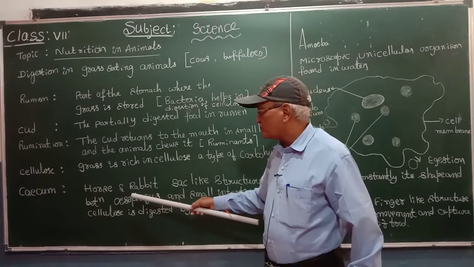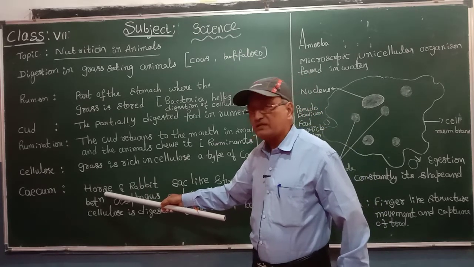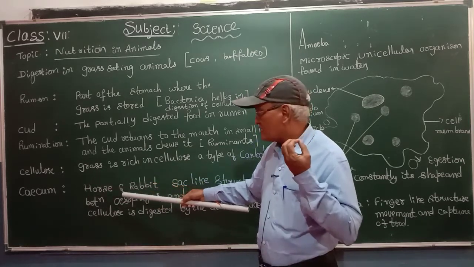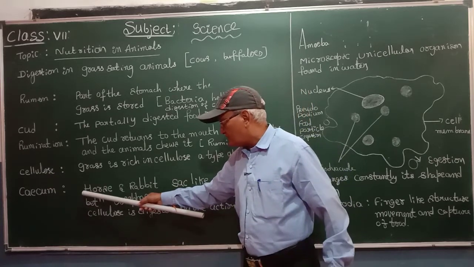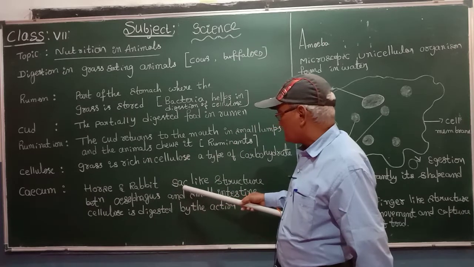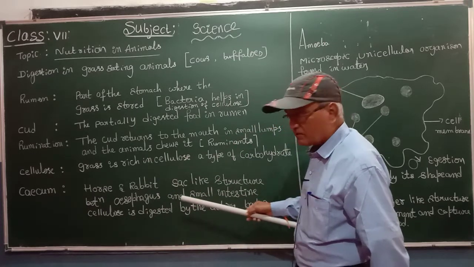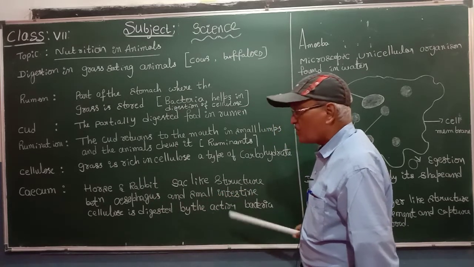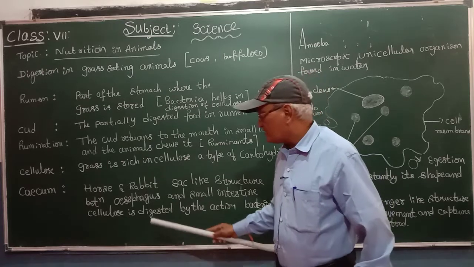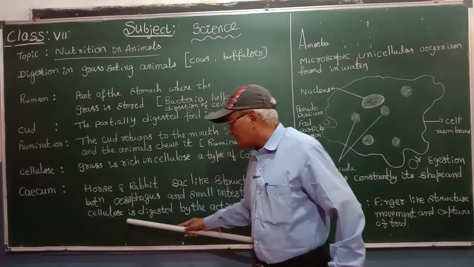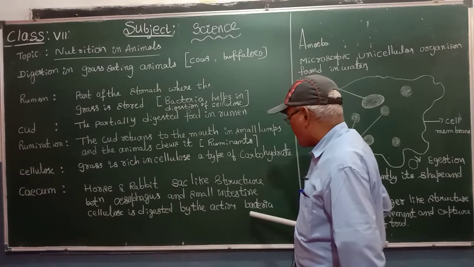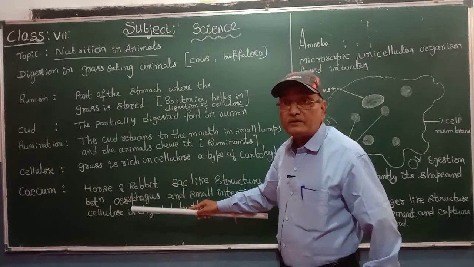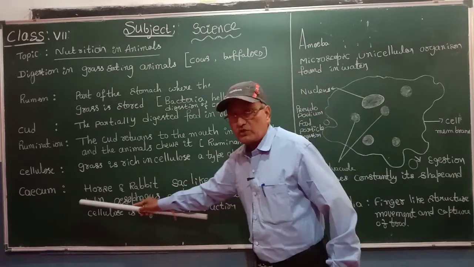In them, the sac-like structure we call the cecum, located between the esophagus and small intestine, collects this food. In these animals, the cellulose is digested by the action of bacteria present in the cecum.